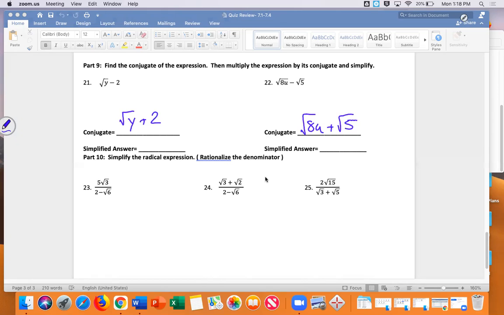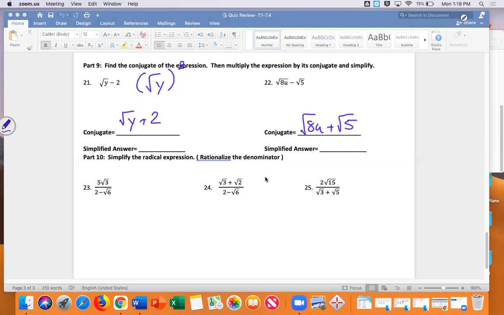Very good. It's actually called the difference of two squares. So what Owen's saying is, with this, we have two parts here. We have the first term and the second term, right, Owen? So to simplify the answer, it's just going to be the first term, the square root of y, times itself, which is squared.